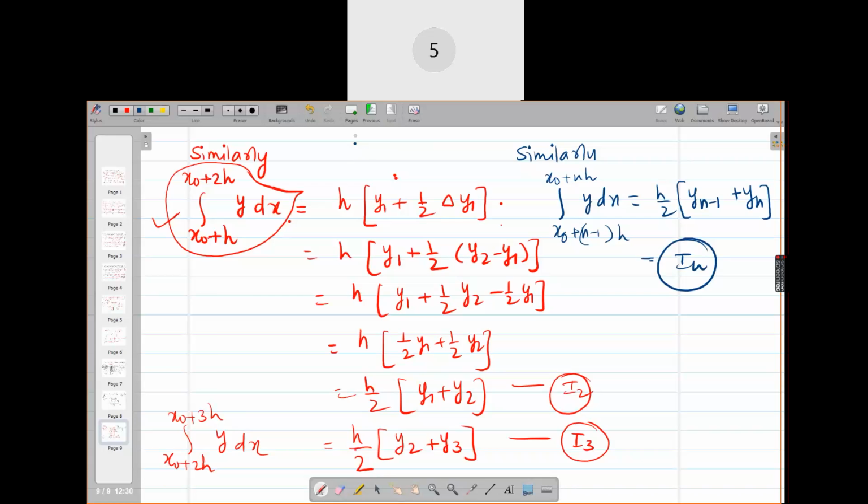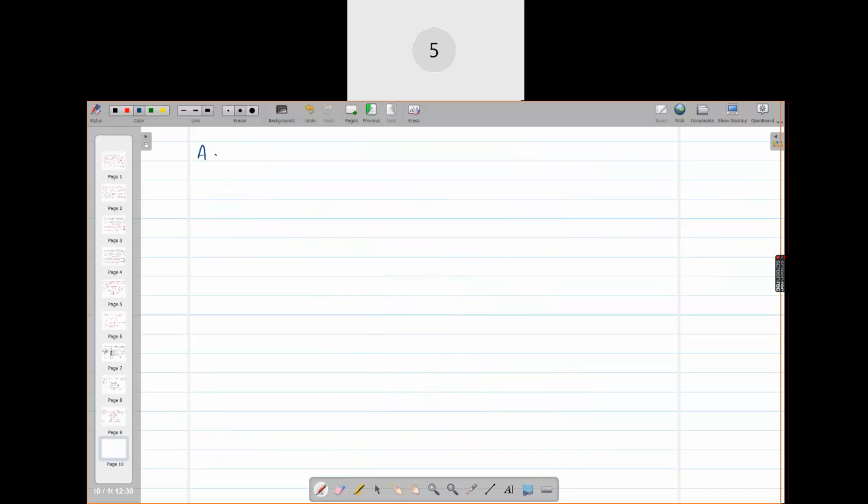Let me go to the next page. So now adding all these. Left hand side also you have to consider.